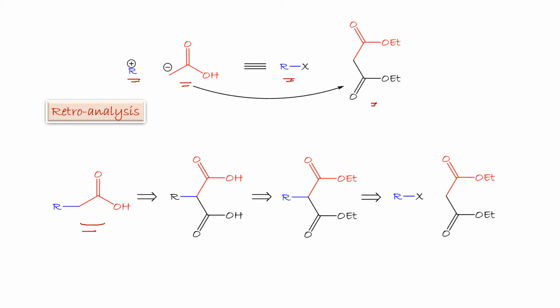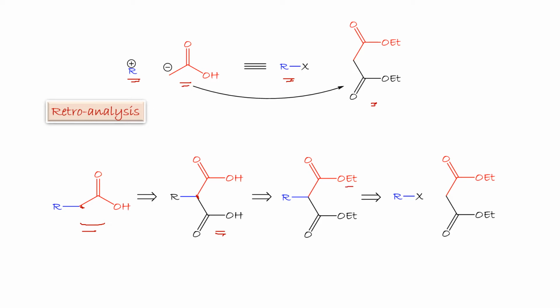Well, to get the complete view of the retrosynthetic analysis, we would like to get the RCH2COOH. So we add here to the alpha carbon COOH. We have a dicarboxylic acid.